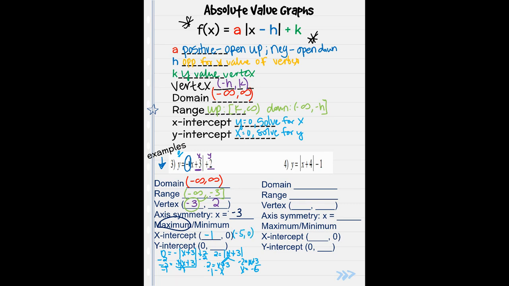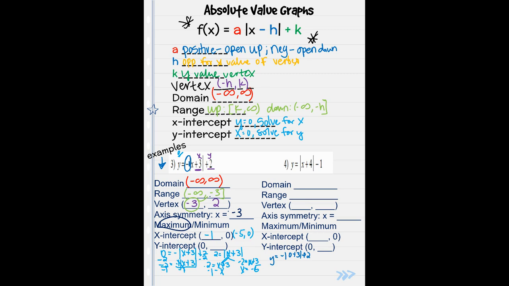I'm going to change colors because we're going to now solve for the y-intercept. So we want to find out what y is if x is 0. So this time we don't do 2. There's not going to be 2 y-intercepts. If we look back at our graphs, it's not possible. So I've got negative absolute value of 0 plus 3 plus 2.